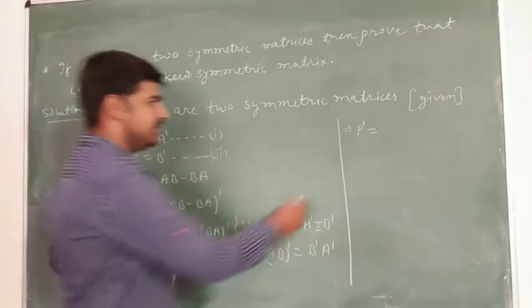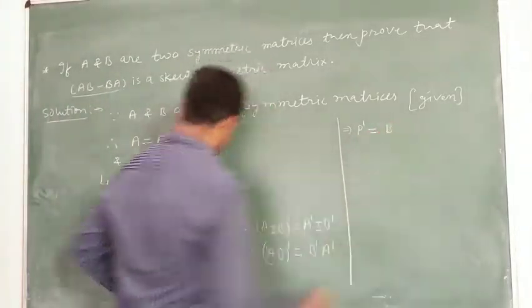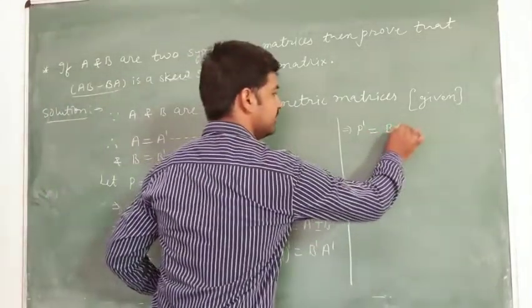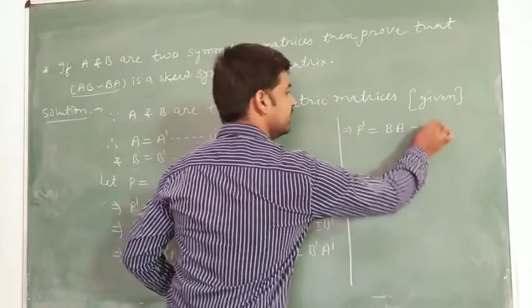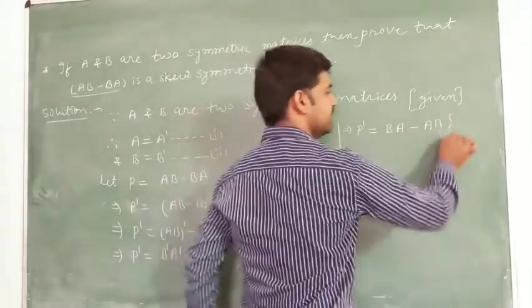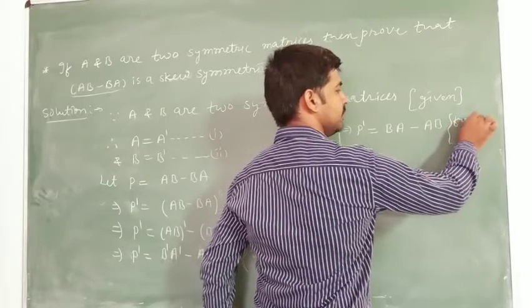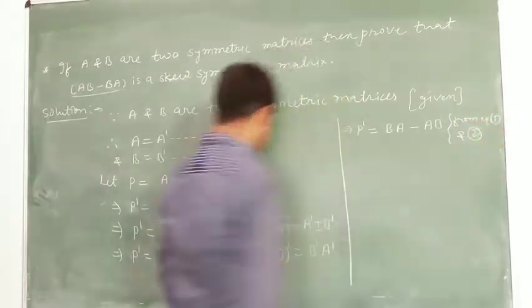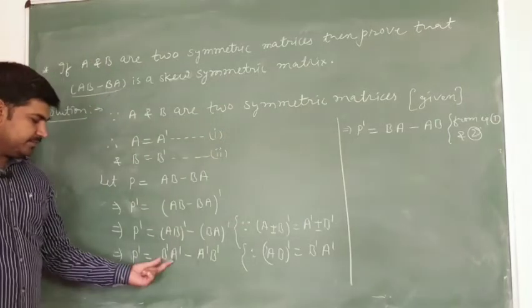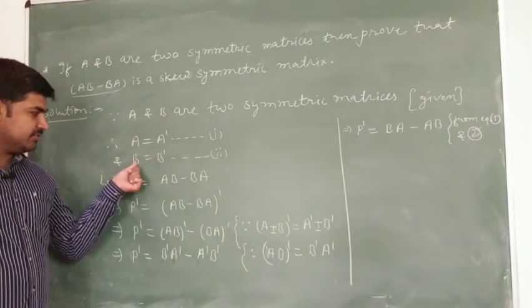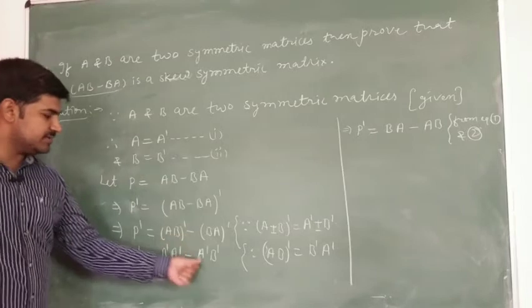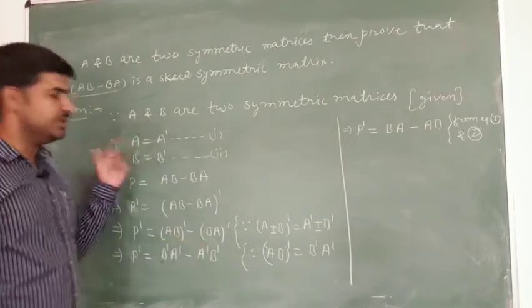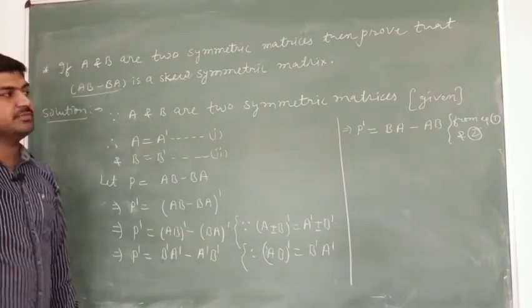So here I am writing B and then A minus AB, and this we have written from equation number first and second. Dear students, transpose of B is equal to B, and transpose of A is equal to A, as A and B were two symmetric matrices.